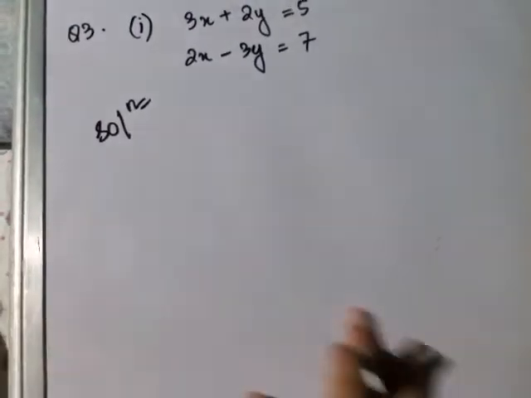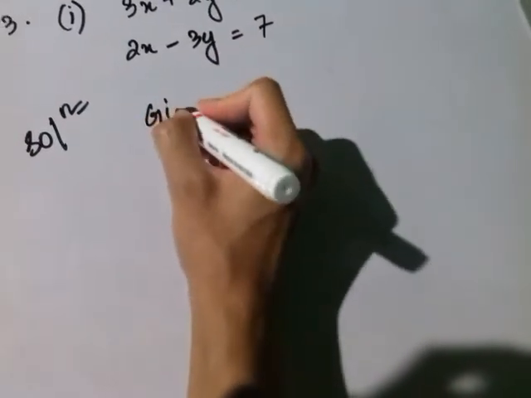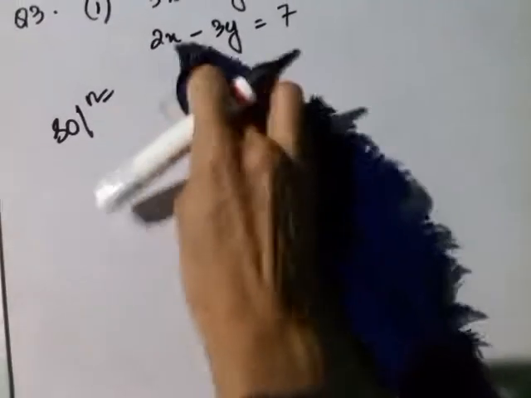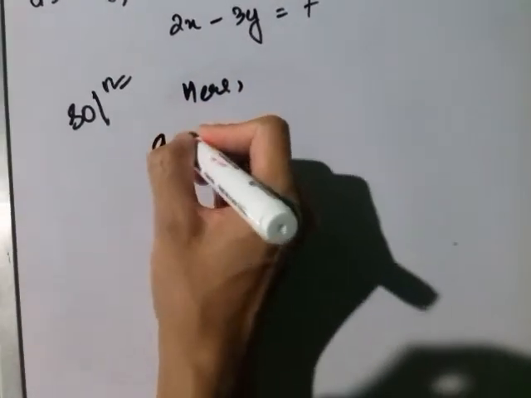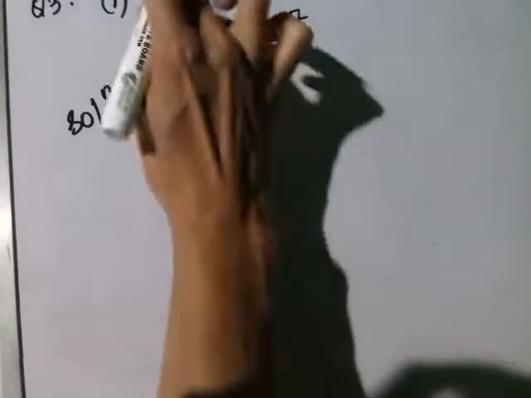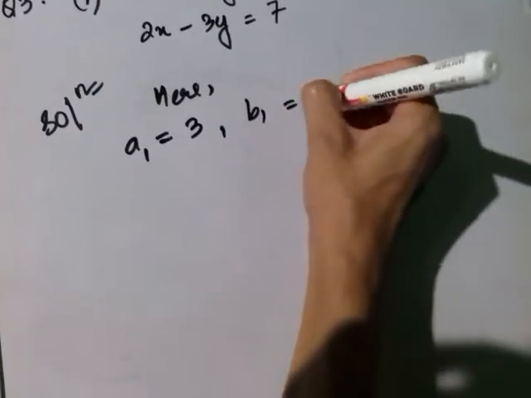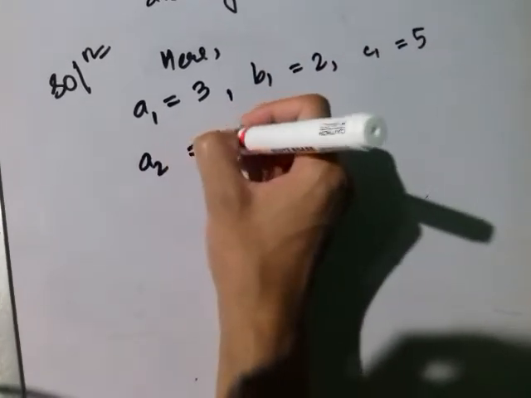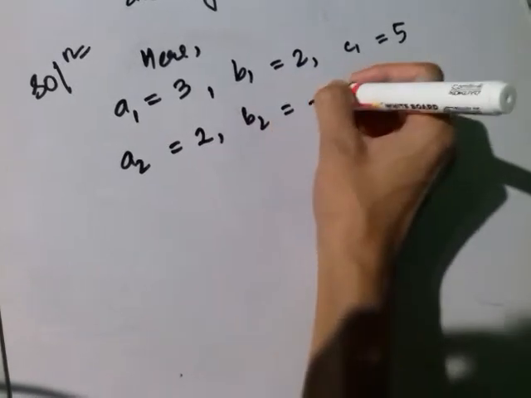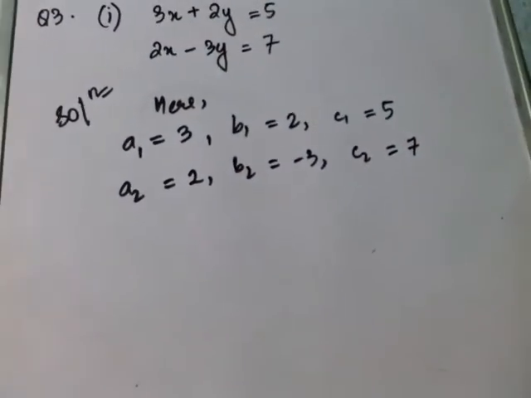We will write here given. a1 equals 3, b1 equals 2, c1 equals 5, and a2 equals 2, b2 equals minus 3, c2 equals 7. So these are the given.